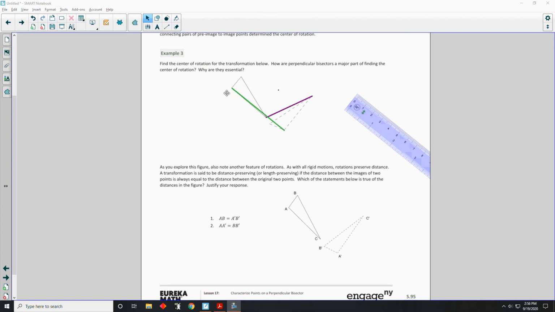Okay, so now that we've drawn these segments, we're going to take a compass. We put the compass at one end of the purple line, open it so that it's right on the other end. Got to move it a little bit on this end.